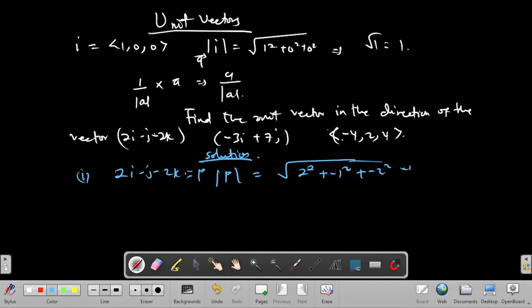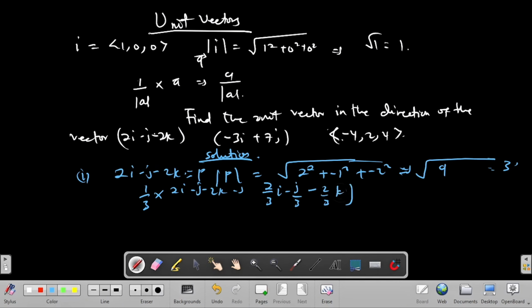This gives the square root of 4 plus 1, 5, plus 4, which is 9, which gives us 3. Therefore, the unit vector is 1 over 3 times 2i minus j minus 2k, giving us 2 over 3 i minus j over 3 minus 2 over 3 k. That's how you solve it.